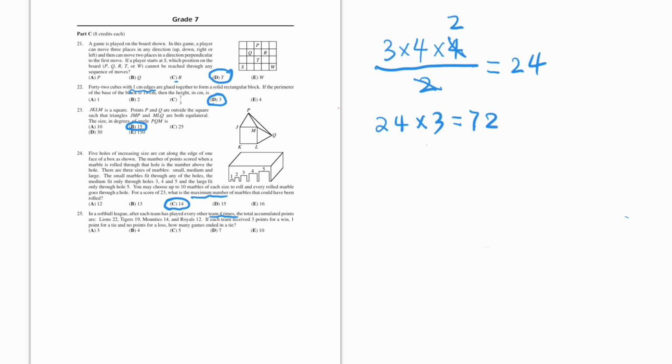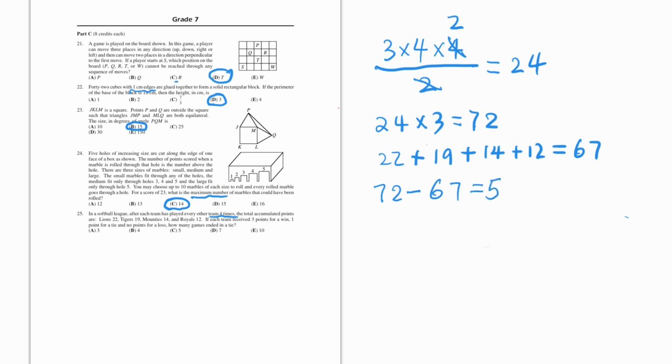What do the 4 teams get in total points? Lions is 22, and then Tigers 19, Monkeys 14, and Royals 12. They equal 67. So 72 minus 67, that's 5.